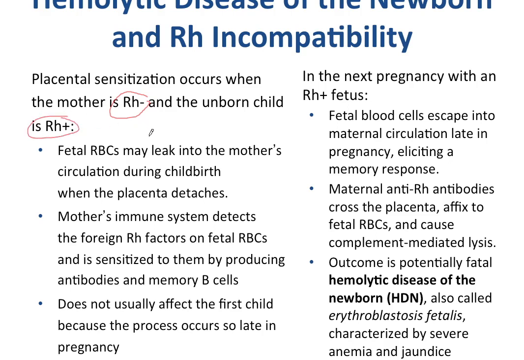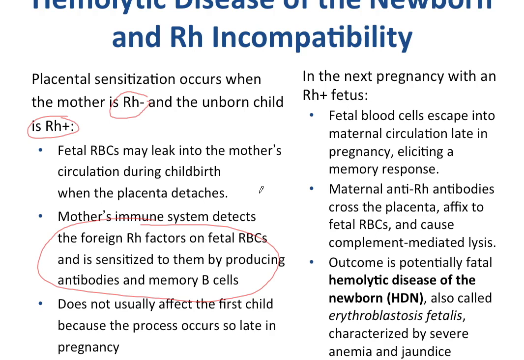If the first pregnancy is an Rh positive fetus, once the mama delivers the baby, the rupture of the placenta will cause the fetus blood to get into the mama's circulation. Then the mother's body will generate antibodies to the Rh antigen. However, the first pregnancy is fine without any problem.